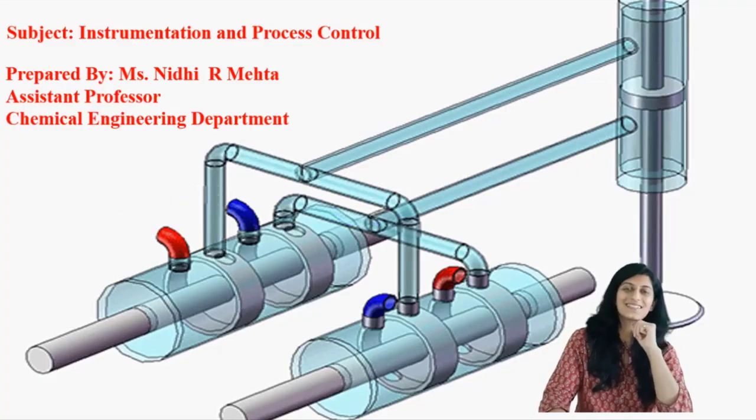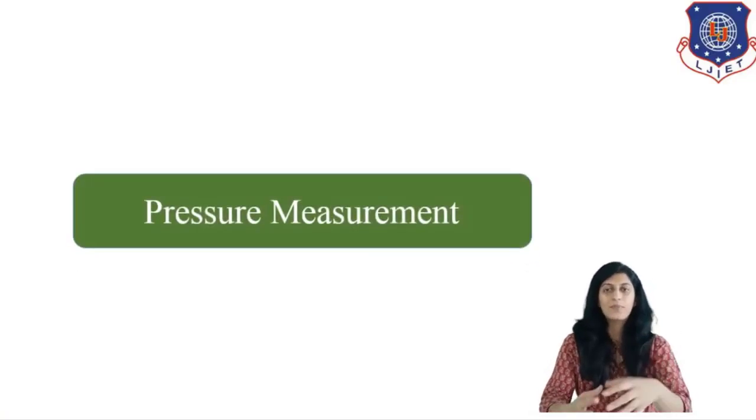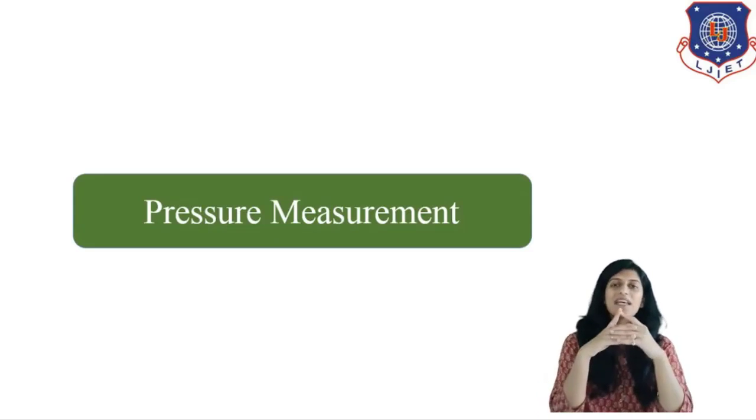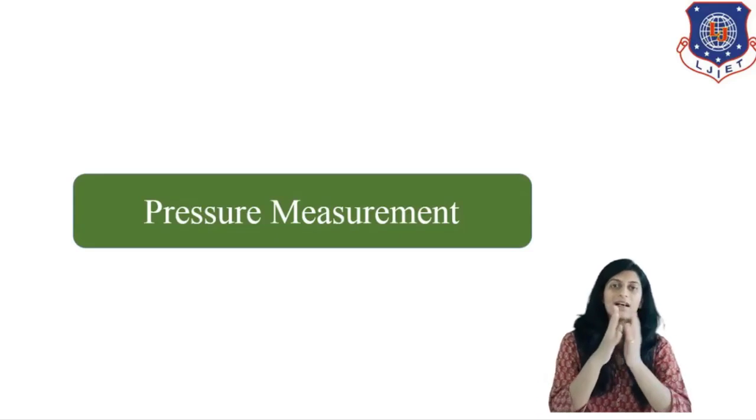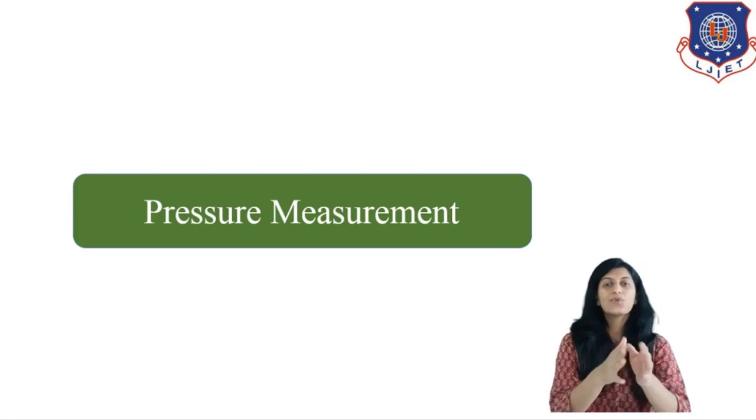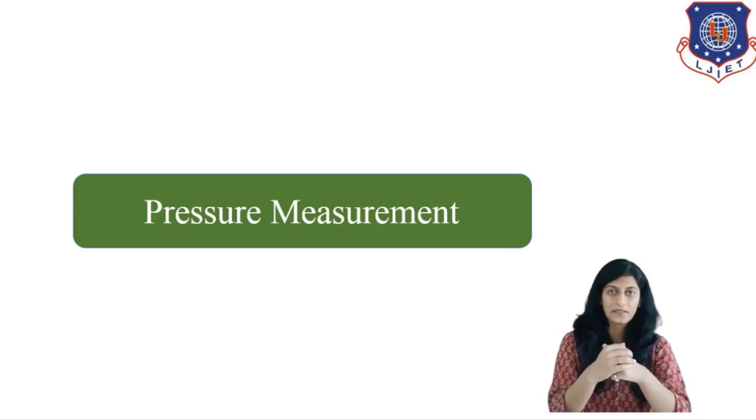So let's start today's topic, which is pressure measurement. As we all know, being a chemical engineer, we need to deal with various parameters. Those parameters need to be taken care of when we are dealing with production, with reaction kinetics and so on.